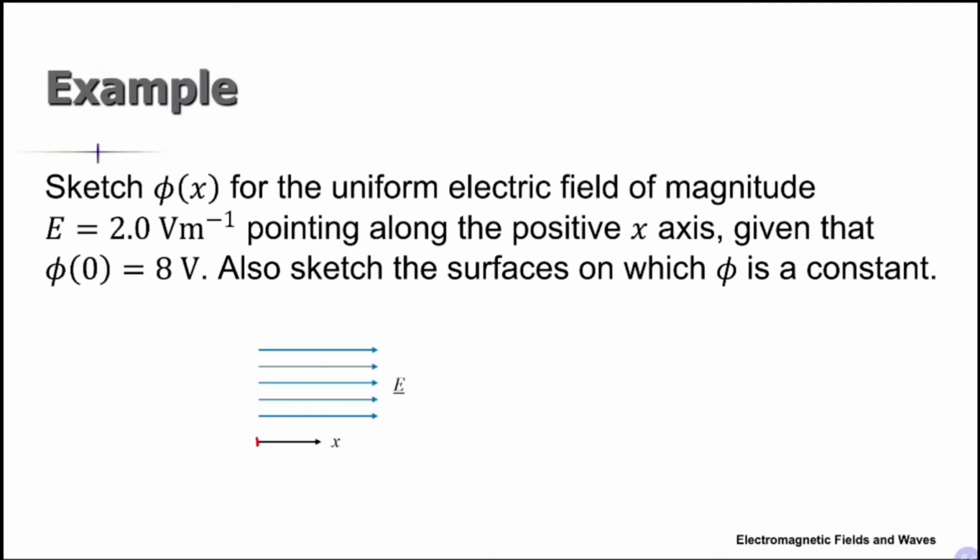At x equals 0, we have the potential equal to 8 volts. So first you are asked to sketch how the potential changes as a function of x, and then next you are asked to sketch the surface on which the potential is constant.